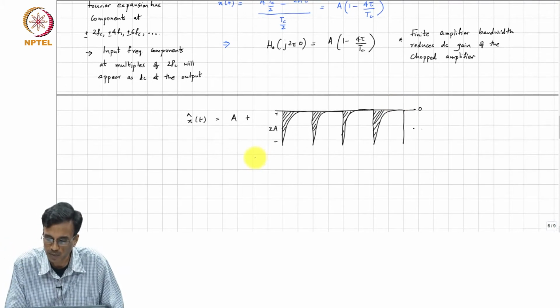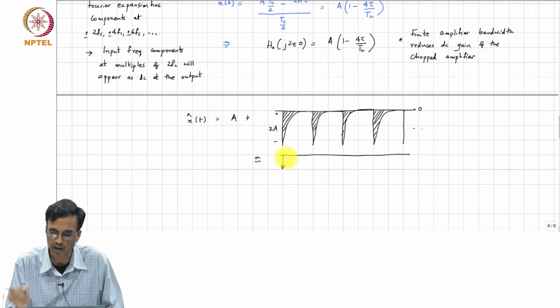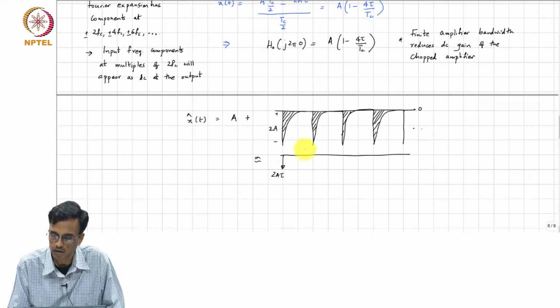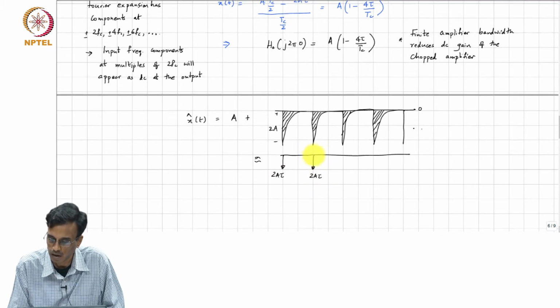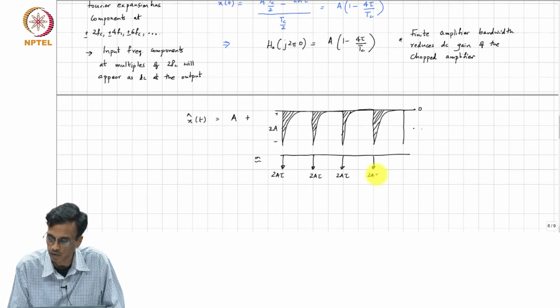So, this can be approximated as an impulse with an area of 2A tau. So, this is a periodic impulse train with an area of 2A tau.